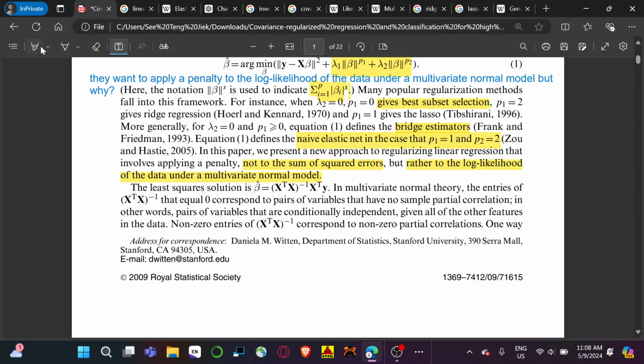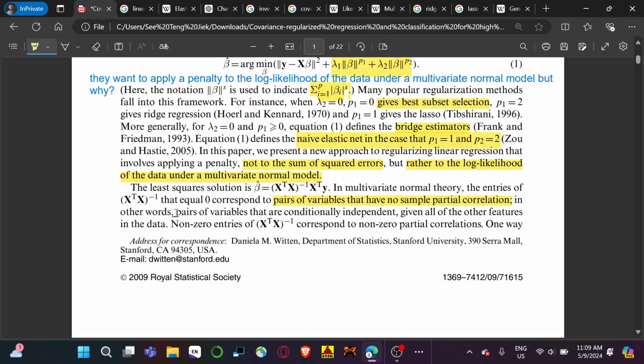Okay, so right next, the least squares solution is beta hat equals x transpose x inverse x transpose y. We know that, right? So that's the solution for the least square regression equation. In multivariate normal theory, the entries of this term that equal 0 correspond to the pairs of variables that have no sample partial correlation.